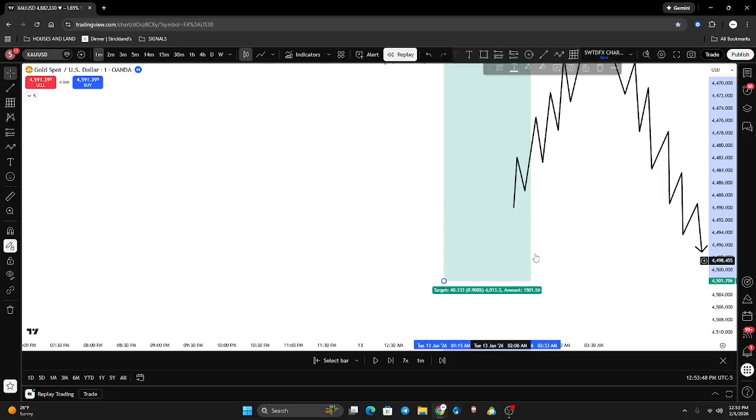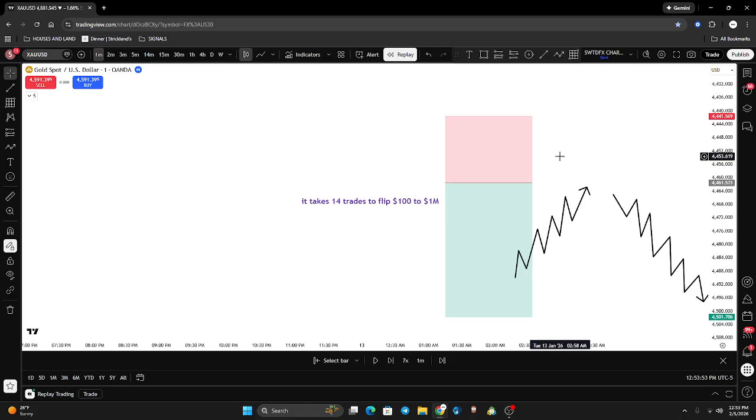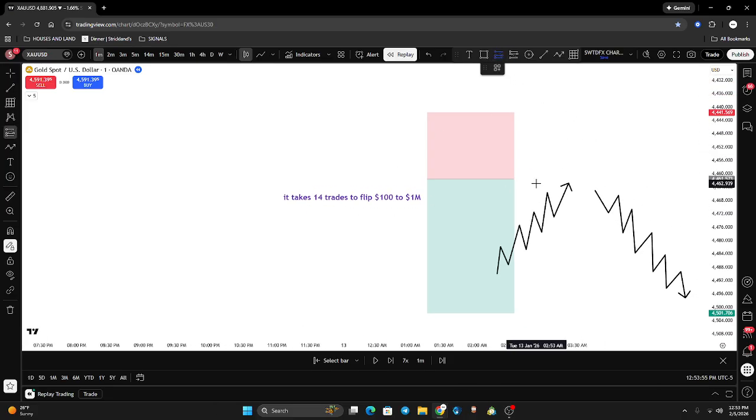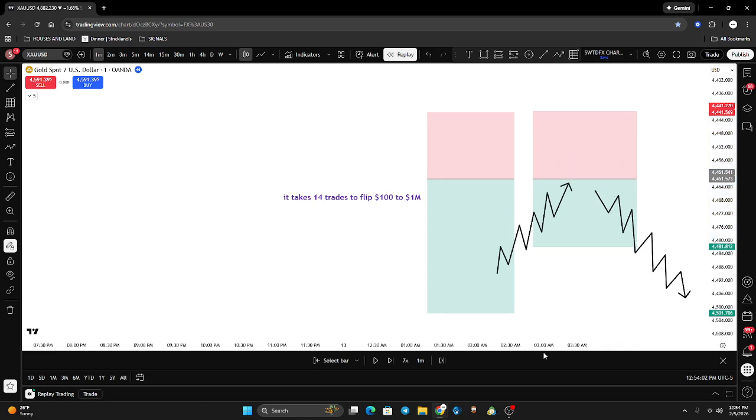I don't care about the pips that much, what I care is that you double the account. You can go for 1 to 2, or you can go for a 1 to 1. Because if your account's at $100 and you want to double it, you need your account to be at $200. So you're risking 100 to make 100. And if this trade hits, you just made $100 profit, which brings your account balance up to a total of $200.